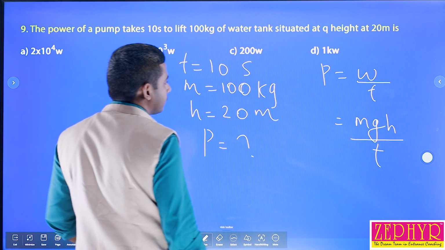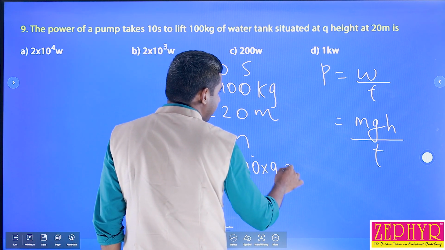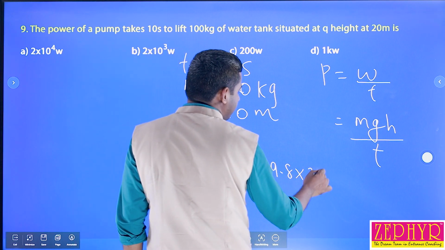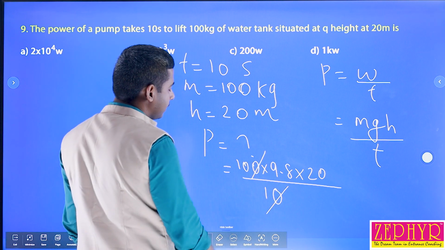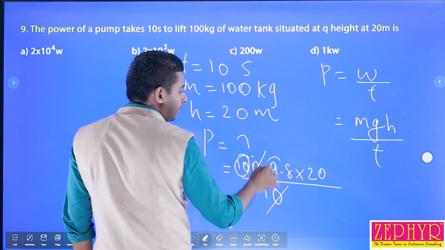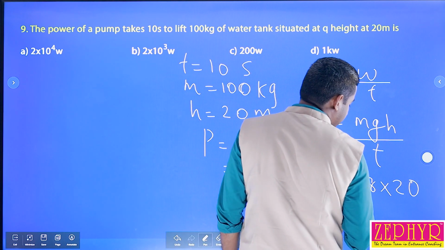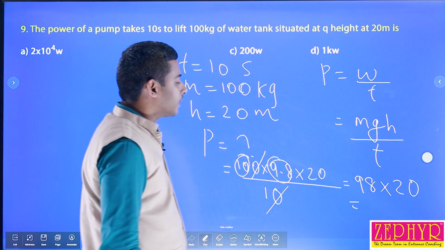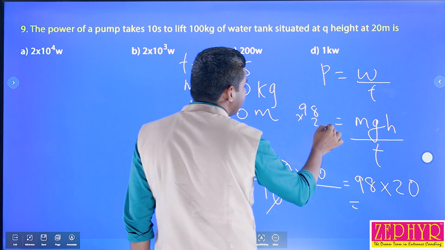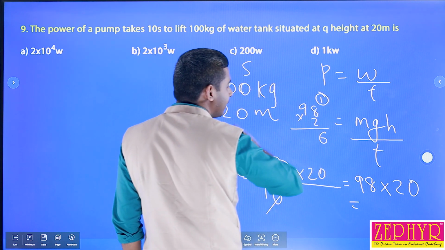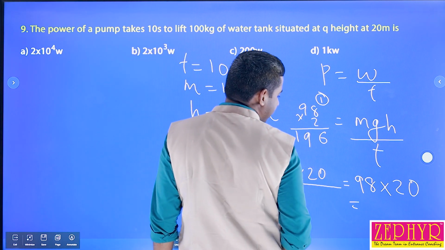Then put the values, that is 100 into g value 9.8 into h they said 20 meter, time they said 10. Zero, zero cancel, then 10 into 9.8, it is nothing but 98. 98 into 20. So what is 98 into 2? 2 8s are 16, 1, 2 9s are 18 plus 1, that is 196.